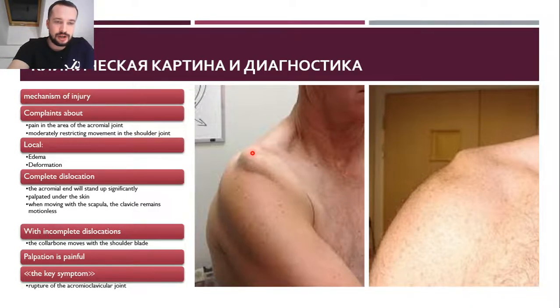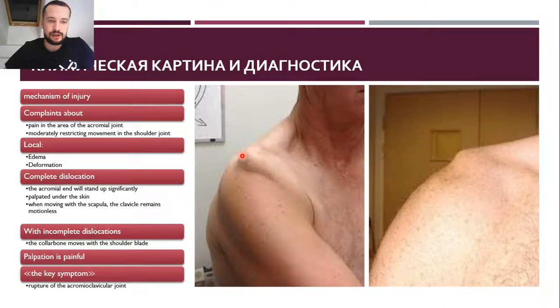With complete dislocation, the acromial end will stand up significantly. You can feel its outer surface under the skin, like there. And when moving the shoulder blade, the clavicle remains stationary. For example, with movement of the shoulder, the clavicle doesn't go along.